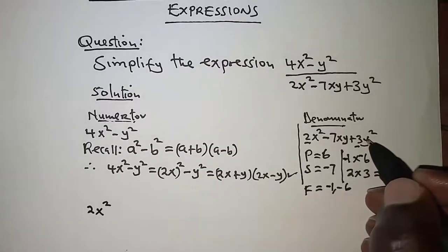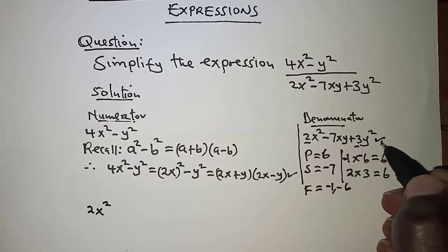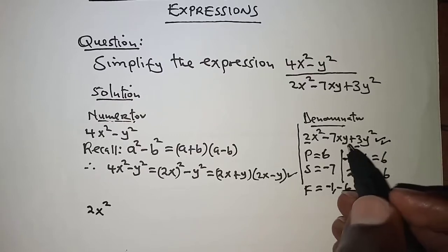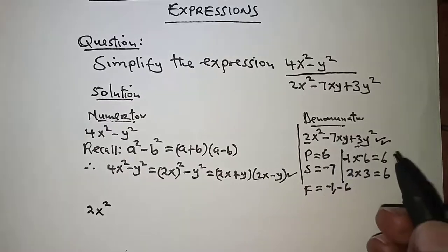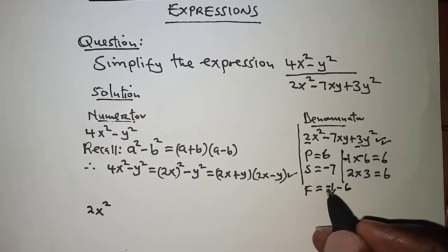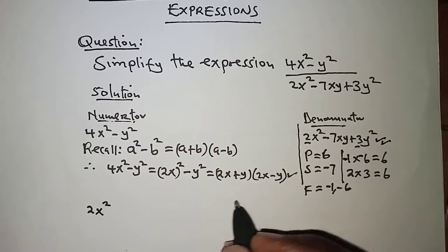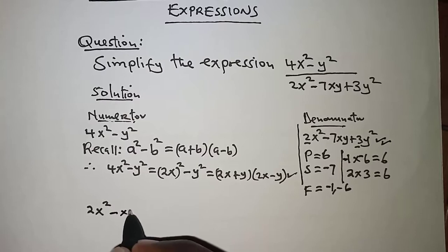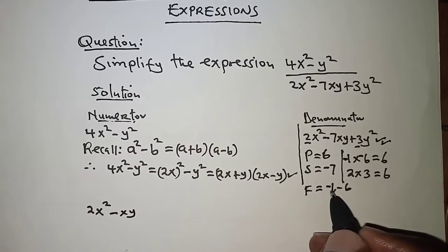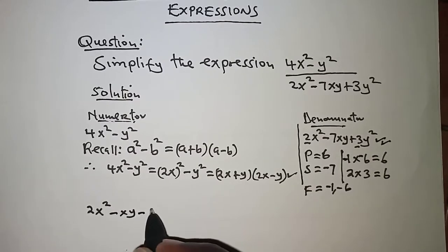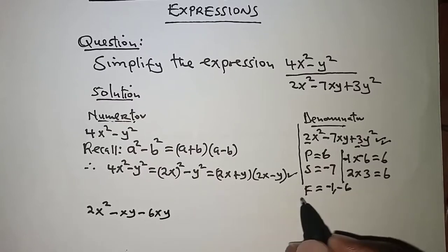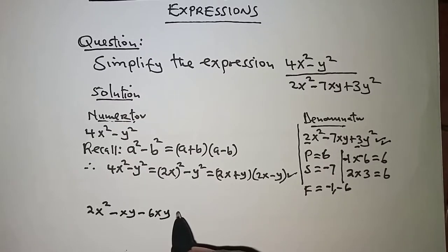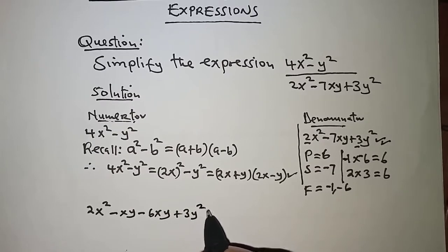Remember we are rewriting this quadratic expression, but for the middle part, negative 7xy, we'll have to replace it with the factors negative 1 and negative 6, so that this time round we write minus xy for negative 1, minus 6xy for negative 6, plus 3y squared.